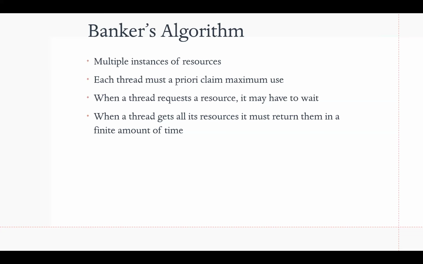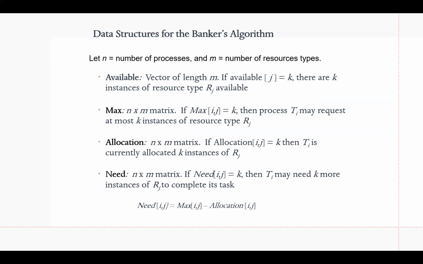So suppose any process has got all the resources, it has to execute immediately, finish all its work and release all the resources, because n number of other threads are waiting for those resources and then they can also get executed. So every process must return the resources in a finite amount of time. So these are some requirements of the banker's algorithm.